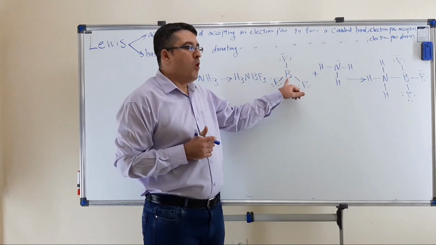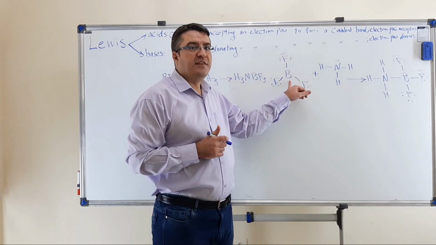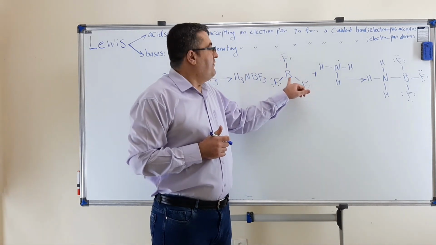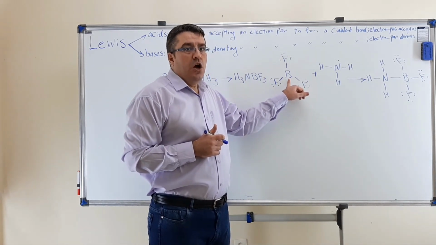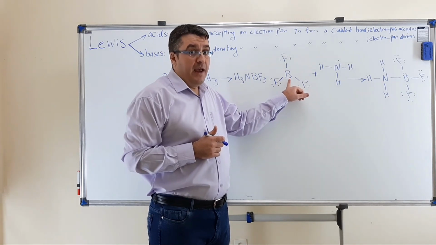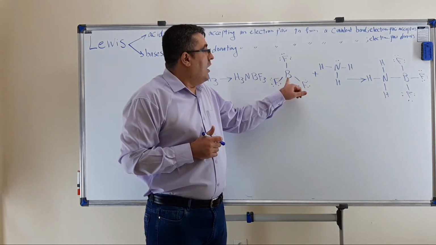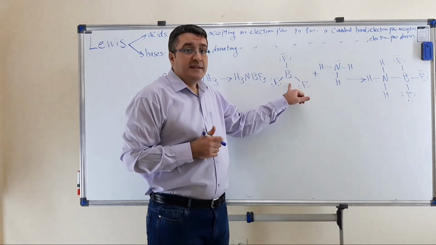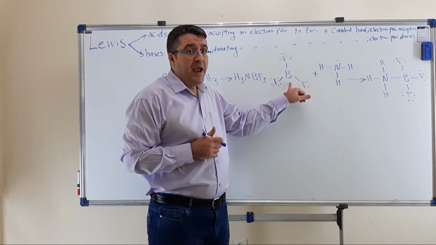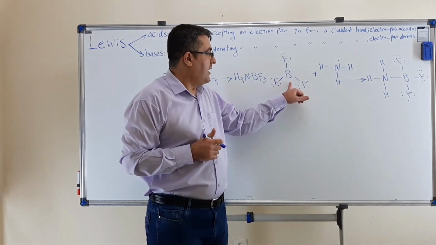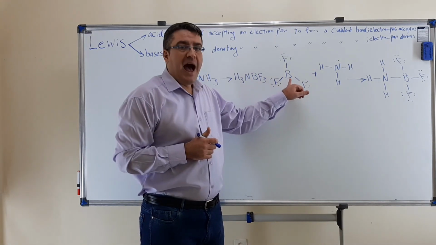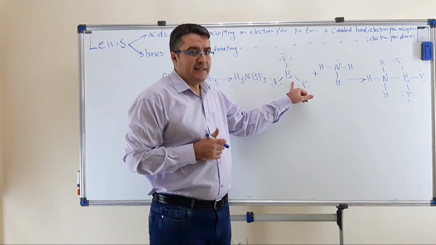So here, the boron atom is an electron deficient atom, which has the tendency to accept an electron pair in order to complete its valence shell and obey the octet rule. Therefore, it acts as a Lewis acid.